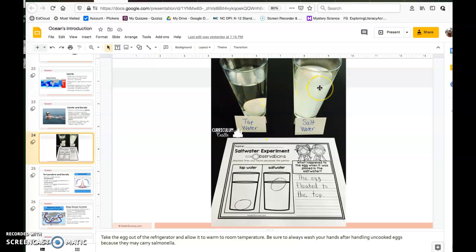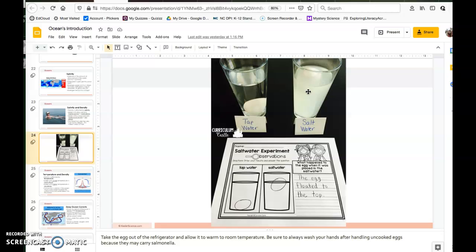On this glass right here on the right hand side, I have salt water. You can see it's even a little cloudy. There's a lot of salt in there, and that causes my egg to float, meaning that in my tap water, my egg was more dense than my water, so it sunk. In my salt water, the egg is less dense than my water, so it floated. That shows the density change between water with no salt and water with a lot of salt. So salt water is indeed more dense.